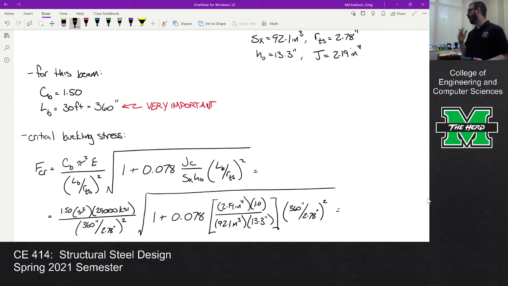Now, while you all are chugging this out, if you look at your units, there's a lot of fractions, and the units cancel. For instance, if you take a look at that big one in the brackets under the square root, you have inches to the fourth on the top, and inches cubed times inches on the bottom, so the units cancel. All the L over R expressions are unitless. So your only remaining units in the problem are actually the ones outside, so whatever your answer is, it's in KSI. Let's see if we can chug this out.